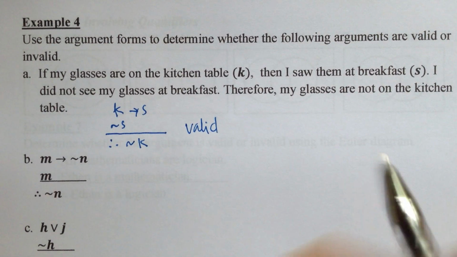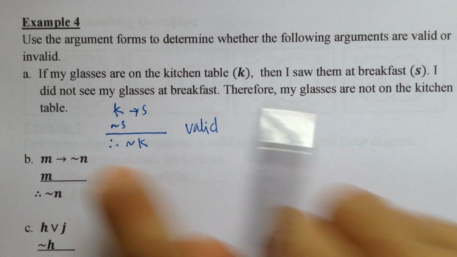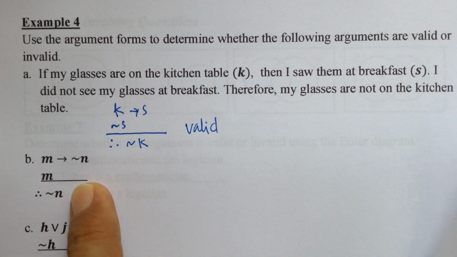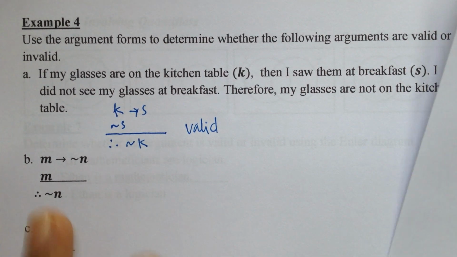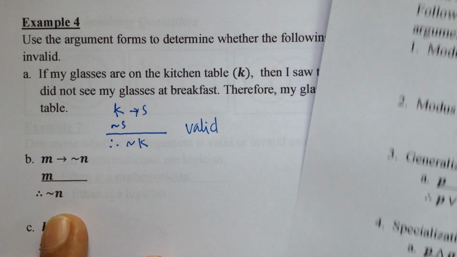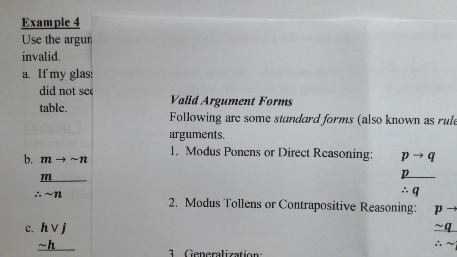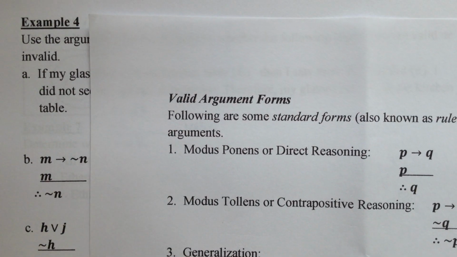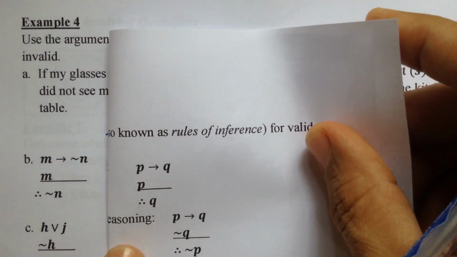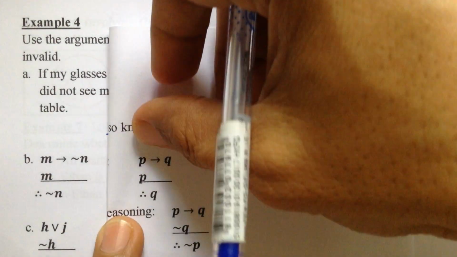Okay. Second, this is already in symbolic form, so you only need to identify the argument form that is similar to this one. Okay, M implies negation of N, then you have M, therefore negation of N. What is that? If we check our list, that's actually similar to this particular form, right?